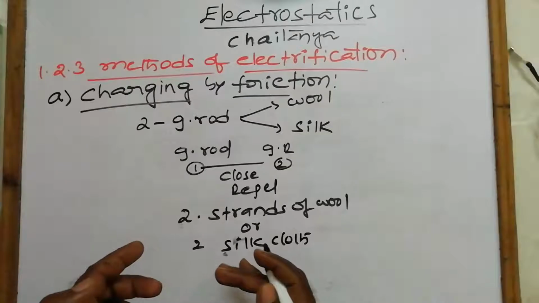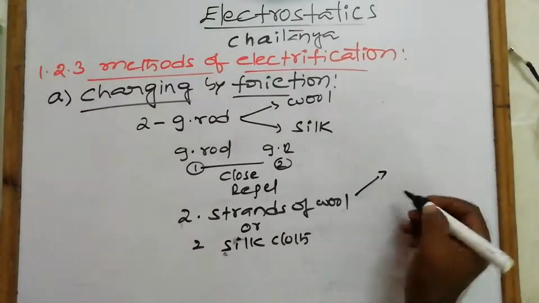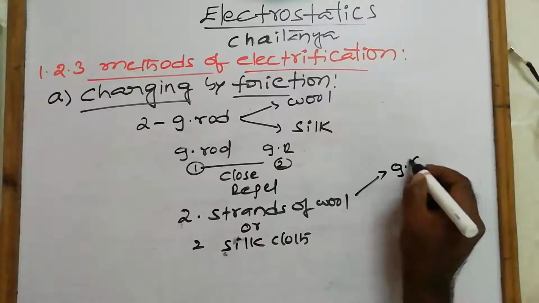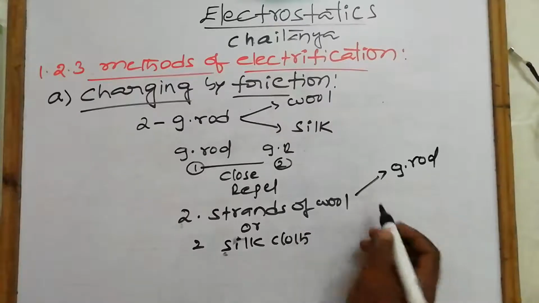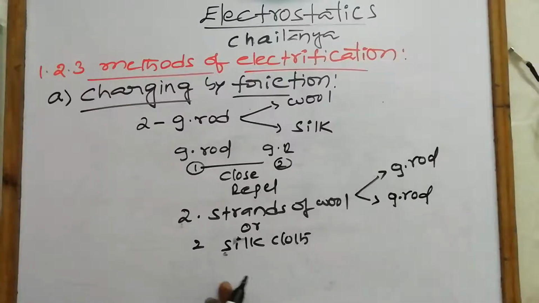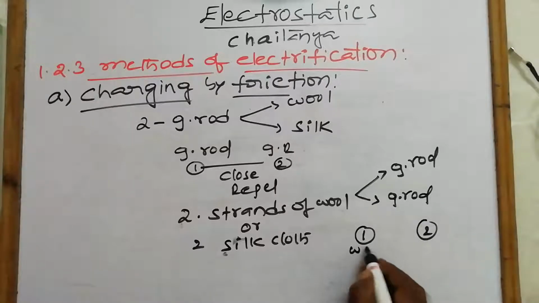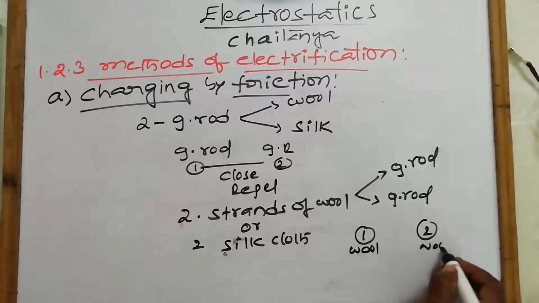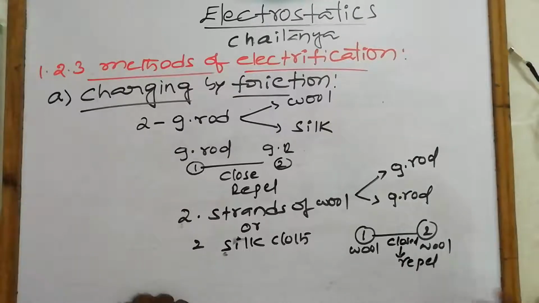Two strands of woolen cloth are rubbed with a glass rod: one strand of wool is rubbed with a glass rod, and another strand of wool is rubbed with a glass rod. This is wool 1 and this is wool 2. If you bring the two strands of wool closer to each other, they too repel each other.